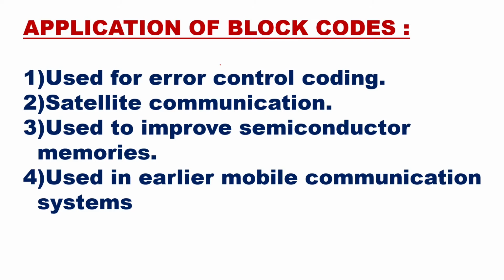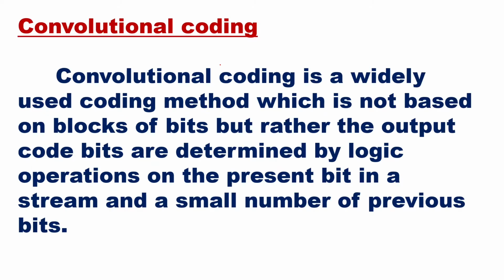Okay, then we'll go to see what we mean by the next type of coding, which is called convolutional coding. Here, if you see the definition, a convolutional coding is a widely used coding method which is not based on blocks of bits. Here you are not going to have a complete information.